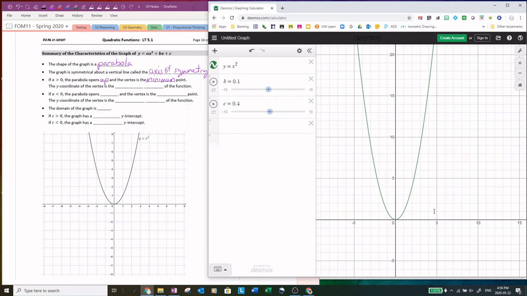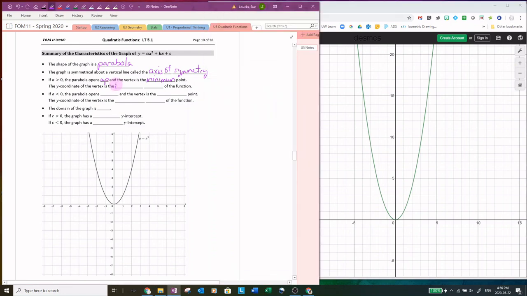The y-coordinate of the vertex is the minimum value of the function. If a is less than 0, the parabola opens down, and the vertex is the maximum point. The y-coordinate of the vertex is the maximum value of the function.